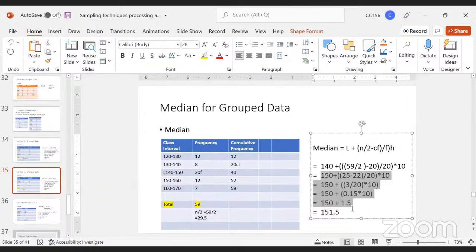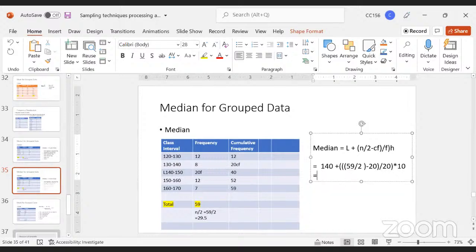Can someone quickly do this and let me know the answer? Excellent. Everyone getting 144.75? That's it. So this is the median for group data.